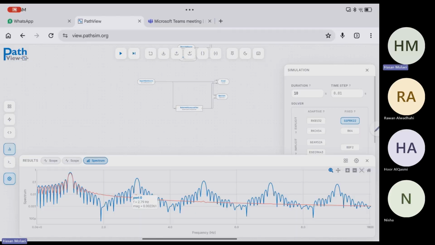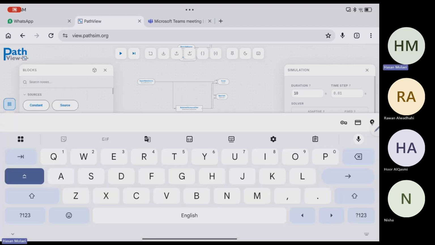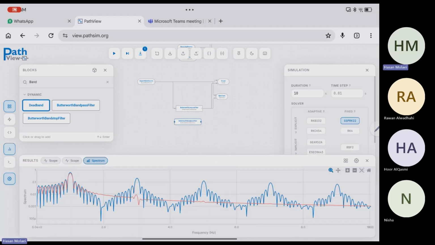If I want to keep the second one, what should I do? I want just to see this sinusoid. Yeah, I need one filter. We call it a band pass filter.